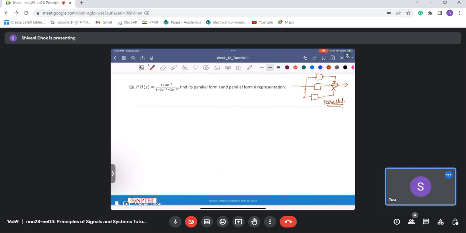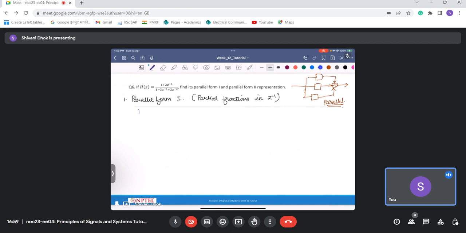For this we do partial fractions in terms of z inverse. So this uses partial fractions in z inverse.